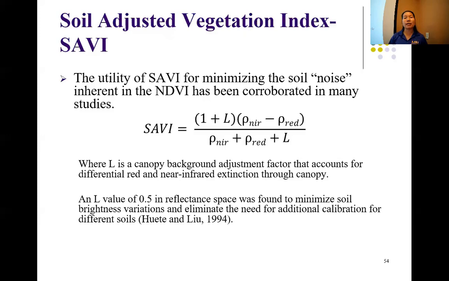So this method basically tells you that they can adjust that effect, in a certain way reduce that effect in the equation.